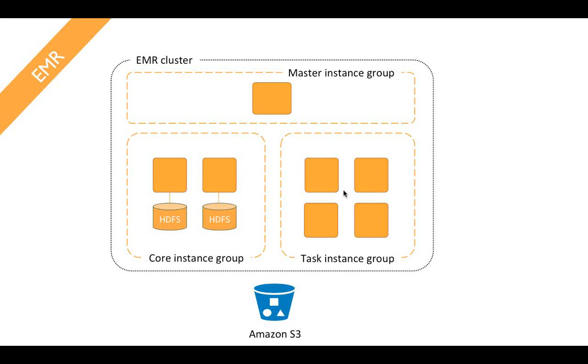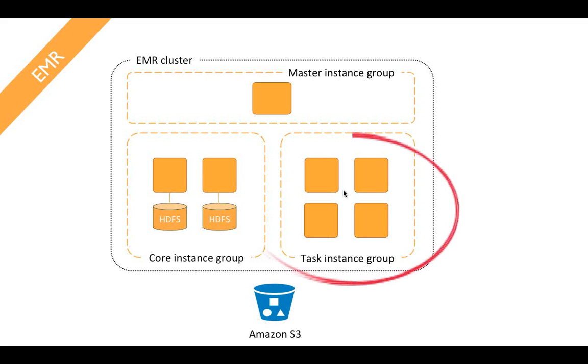Because what this means is that if these 4 instances were originally provisioned via the spot market, then even if we take the instances away, if they're in the middle of processing something, Hadoop will simply give that job to something else within the cluster. So your cluster will keep running, even though you've had some nodes taken away.